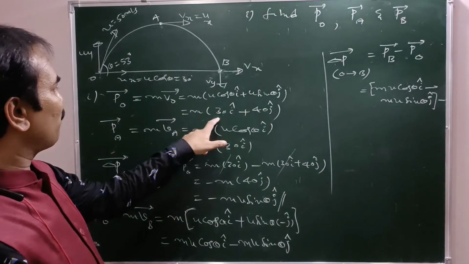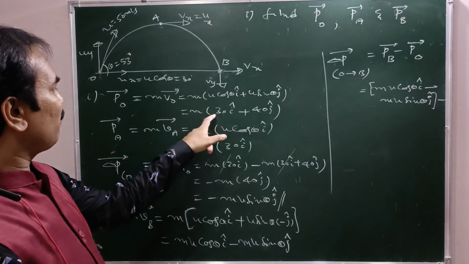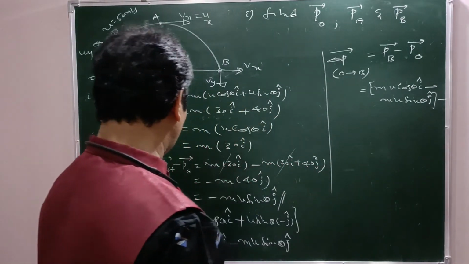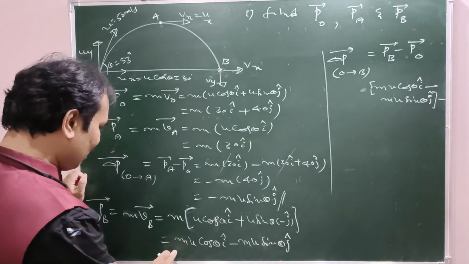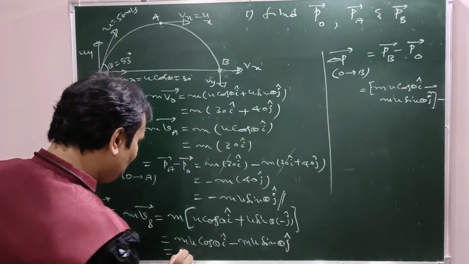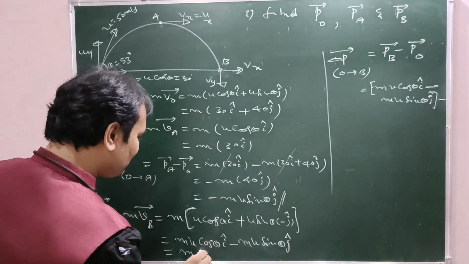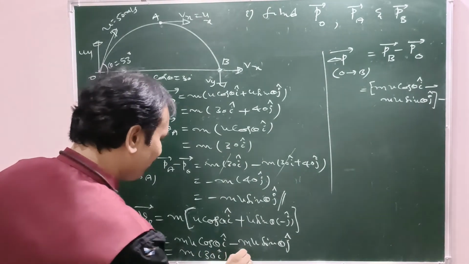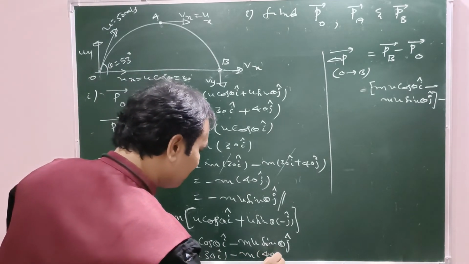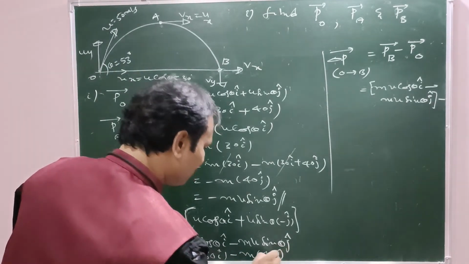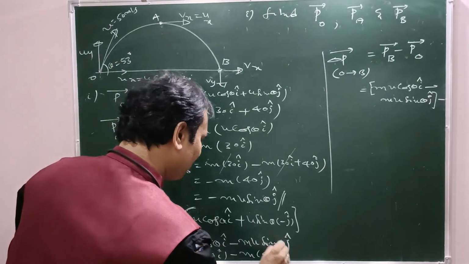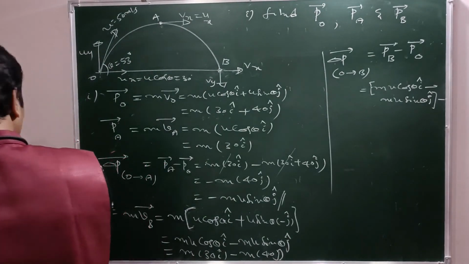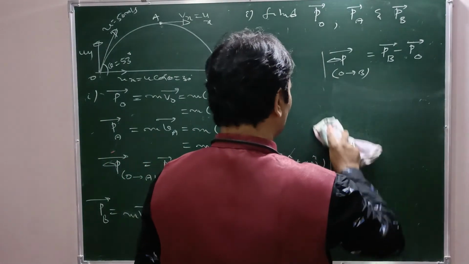What is P_O bar? That is M 30I plus 40J. Of course, you can write in values also: M into U cos theta means 30 I, and M into U sin theta means 40 J. So you can write in values otherwise.